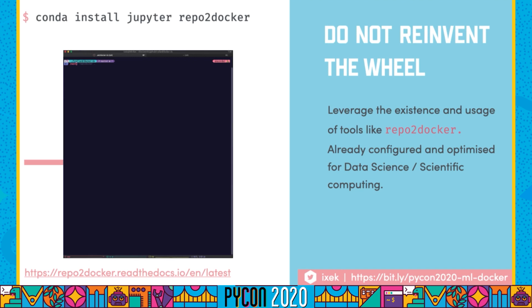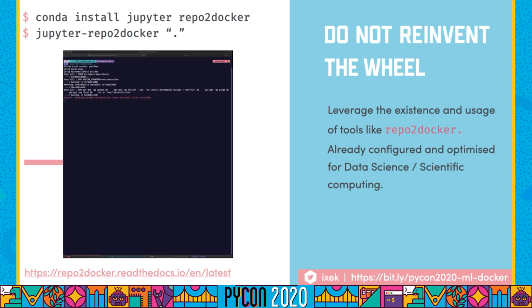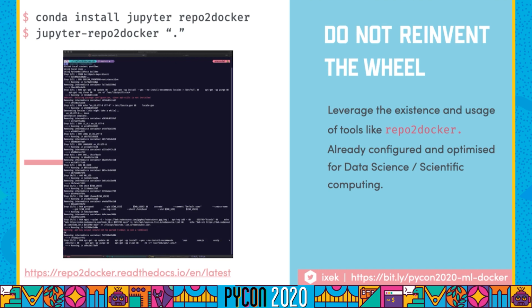The common workflow is that you're going to have a configuration file to explicitly describe the requirements that your project relies on. Once you have that, you execute the command jupyter-repo2docker and provide a path. It can either be a local directory, or it can be a URL corresponding to a repository, or a DOI from Zenodo.